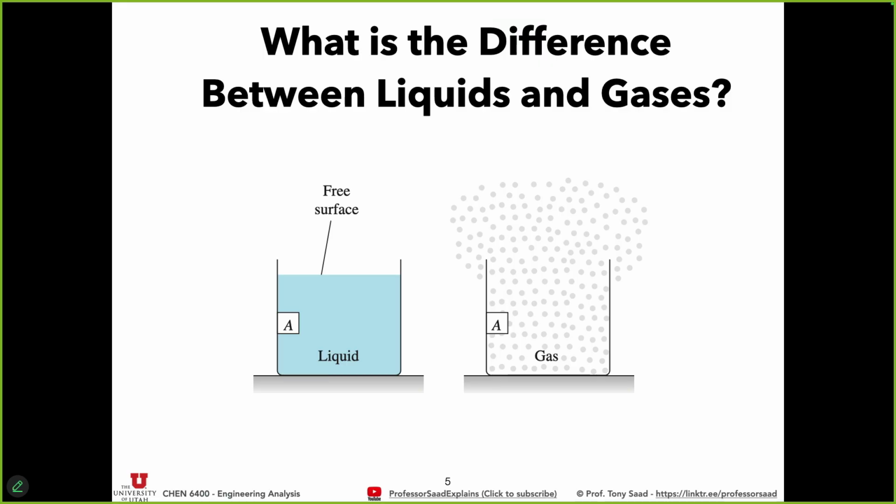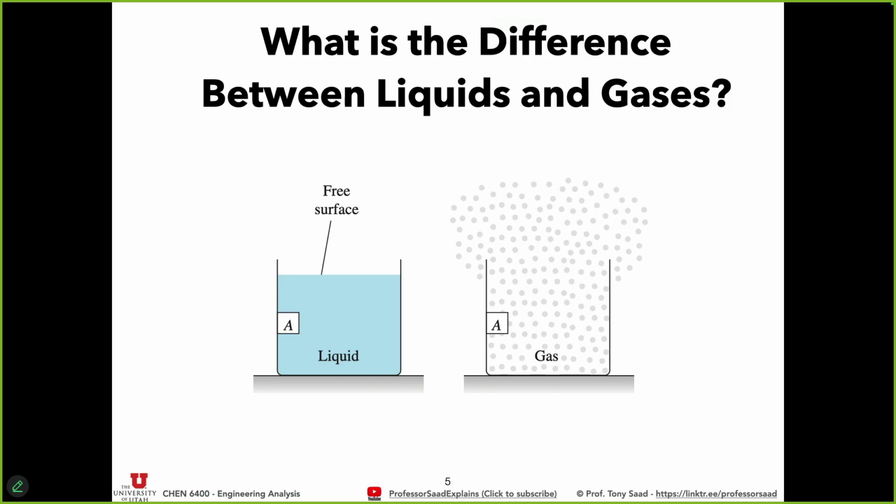Liquids are generally composed of molecules that are more closely packed together. In a solid they're really closely packed together. In a liquid, they're loosely packed. They can still move around, not as much as in a solid, but they can still move. They don't break. They continuously deform.